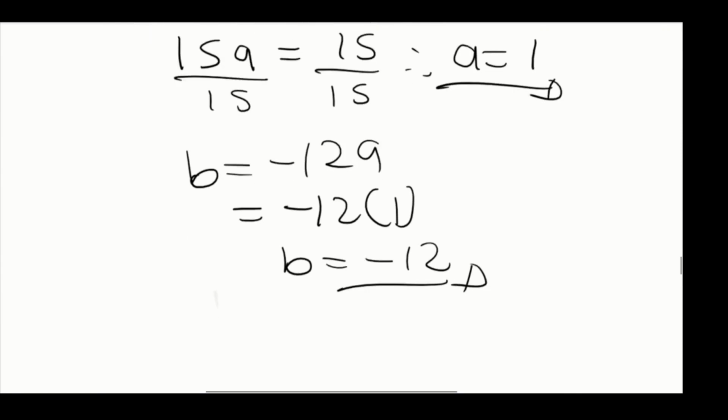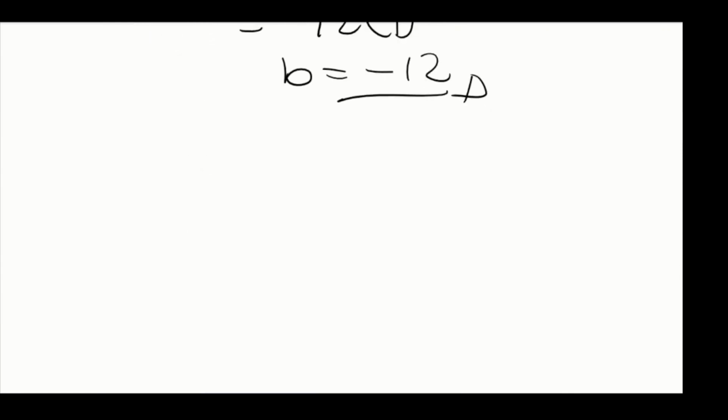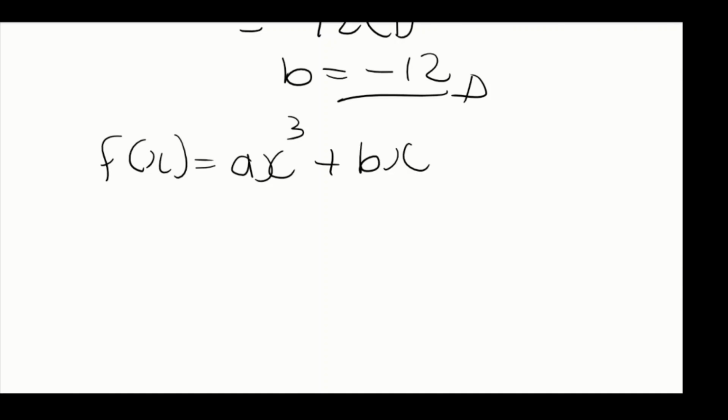Then we need to find our value of c. So to find our value of c, we now have f of x, remember our f of x equals ax cubed plus bx plus c.